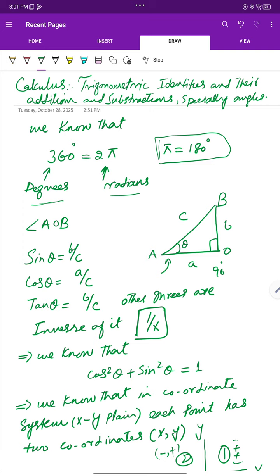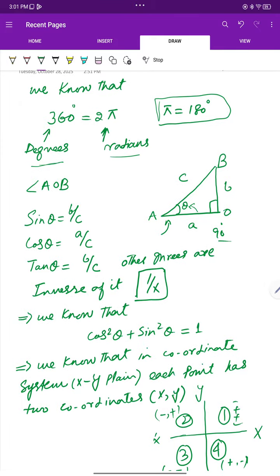And then trigonometric identity is related to the right angle triangle, in which one angle is 90 degrees. This is theta, the most used angle in mathematics. So let's say this is triangle AOB in which sine theta is equal to B by A, perpendicular by hypotenuse.